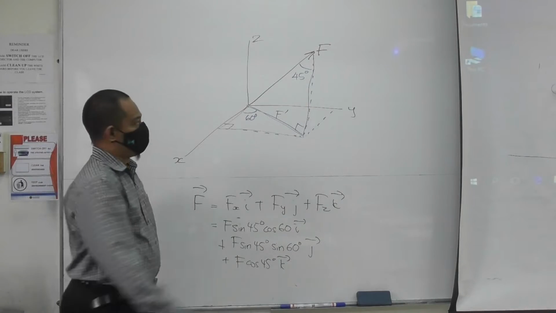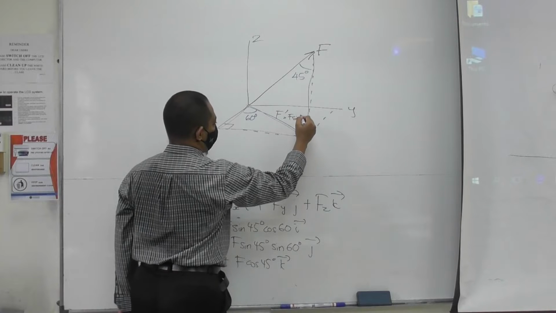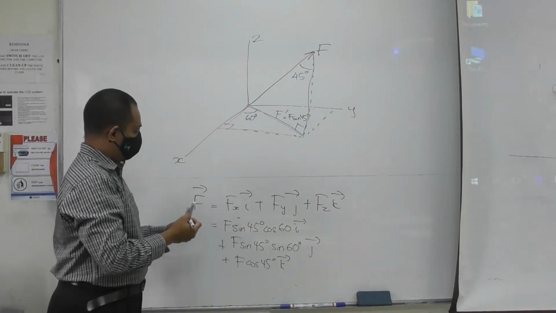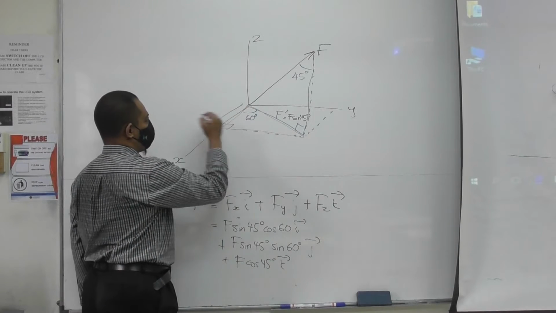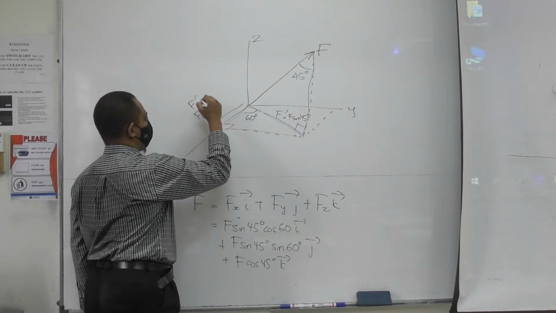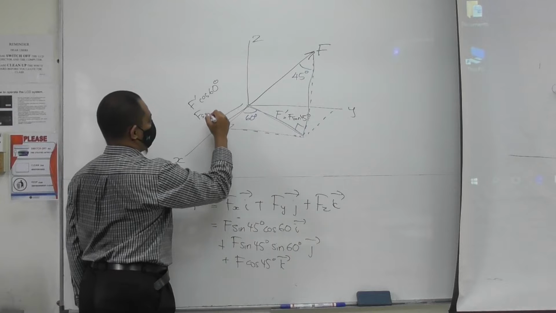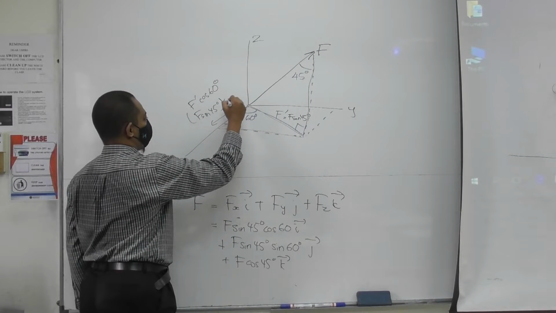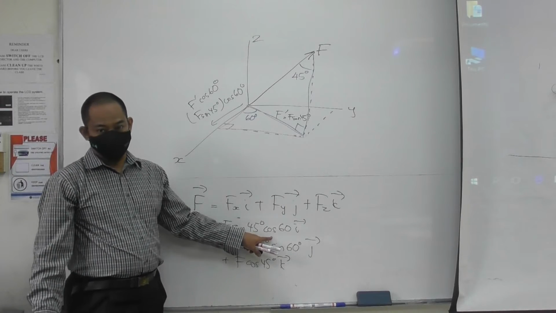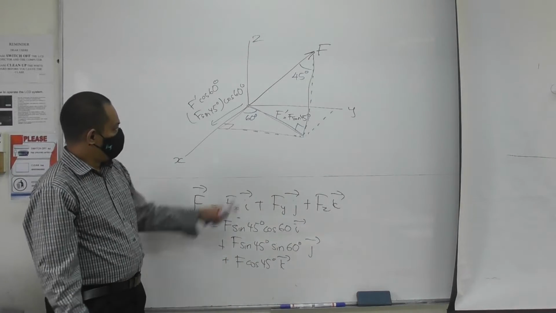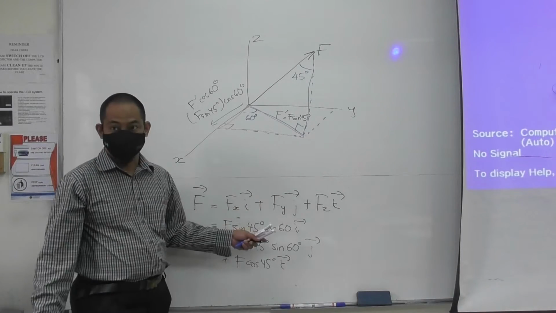So from here you know f prime is f sine 45 degrees, and when we deal with this triangle, this x component is f prime cos 60, or f sine 45 cos 60. So for those who have done this exercise a lot, they can do the two triangles in their mind and straight away get this one, right?